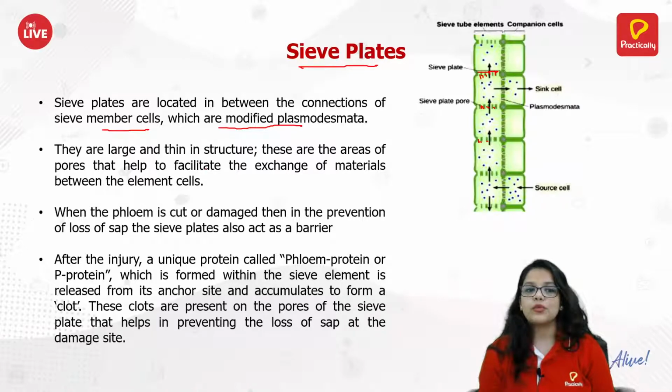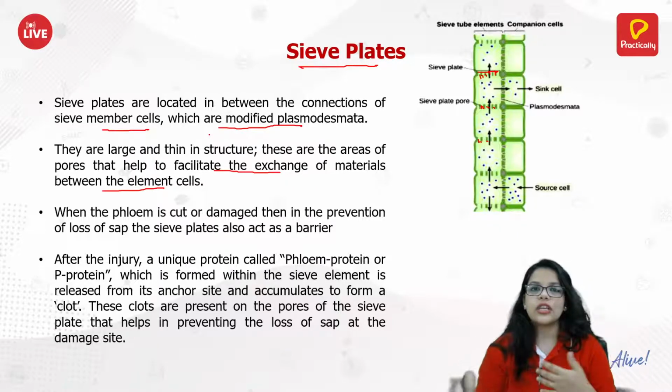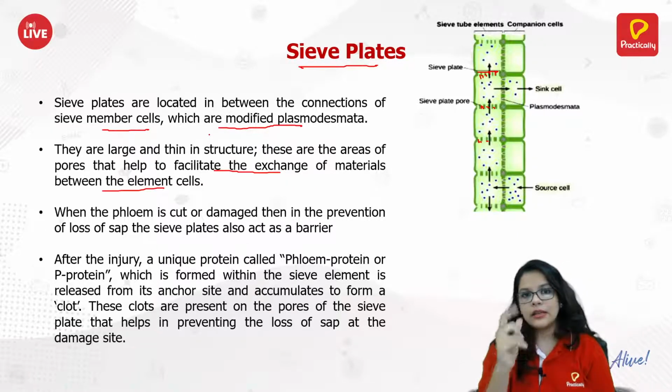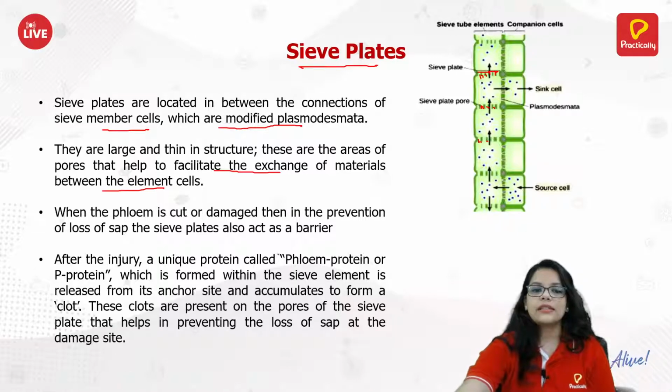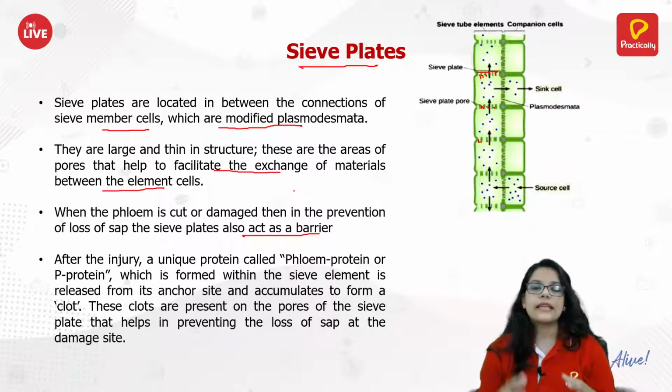These are areas of pores that help facilitate the exchange of materials between elements. When phloem is cut or damaged, the sieve plates also act as a barrier to prevent loss of sap, so they provide protection.